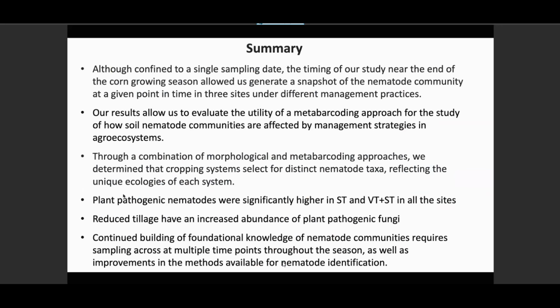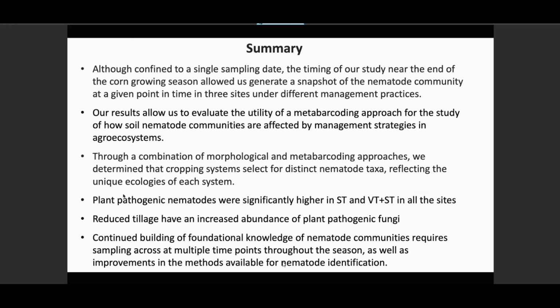We have developed a new method which is very robust and which relies on a metabarcoding approach using next generation sequencing that will allow us to look into the soil nematode communities and how these are affected by the management practices in agroecosystems.